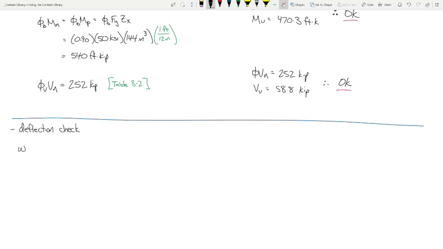So remind me, we had a live load of 1.5 kips per foot. We have a length of 32 feet. We have an E value of 29,000 ksi. And we have a moment of inertia of 1330 inches to the fourth.